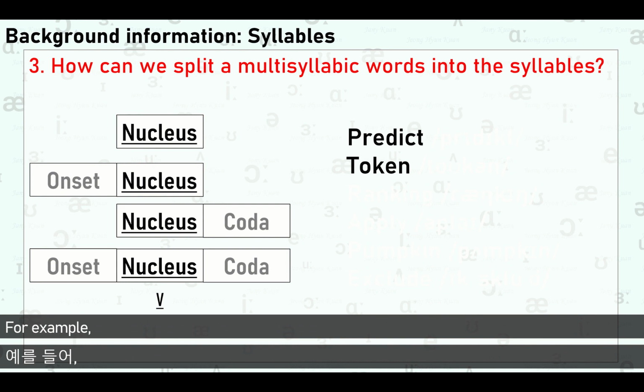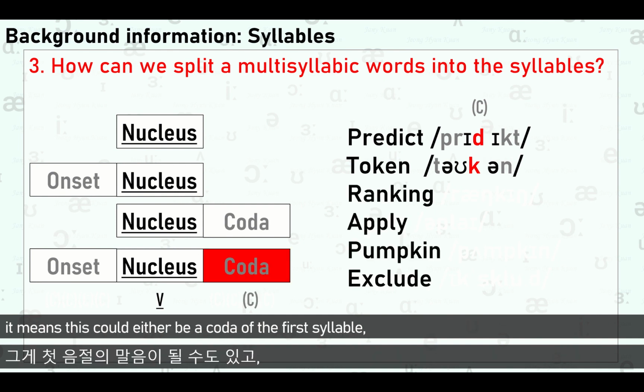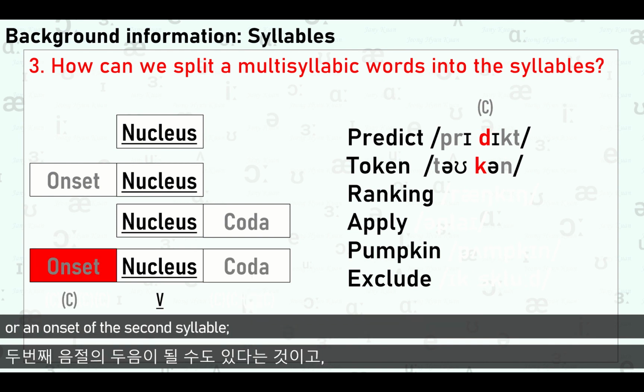For example, if the word has one consonant sound in the middle, like predict or token, it means this could either be a coda of the first syllable or an onset of the second syllable.